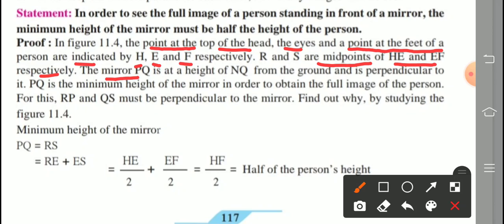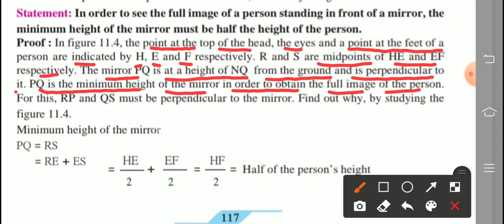The mirror PQ is at the height of NQ from the ground and is perpendicular to it. PQ is the minimum height of the mirror needed to obtain the full image of the person. For this, RP and QS must be perpendicular to the mirror. Find out why by studying figure 11.4.